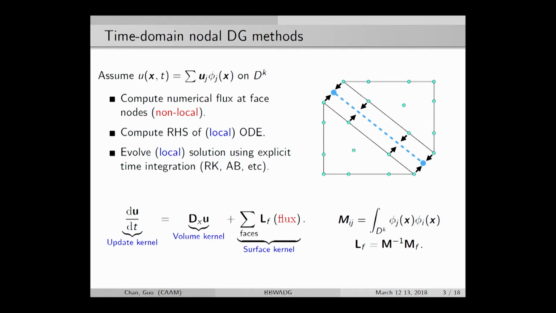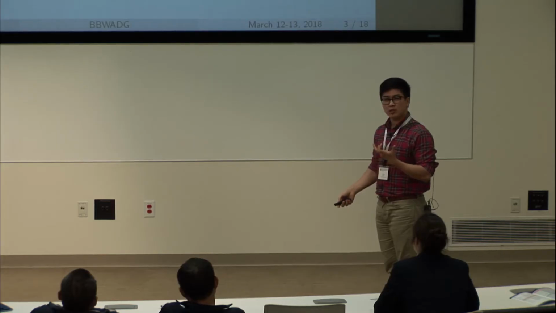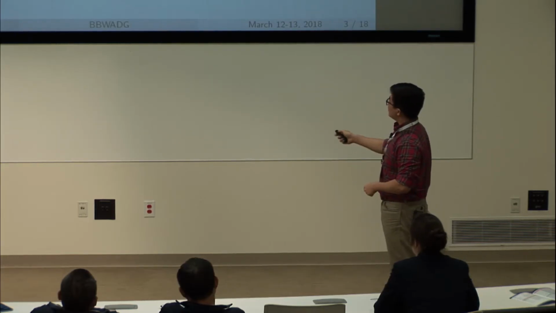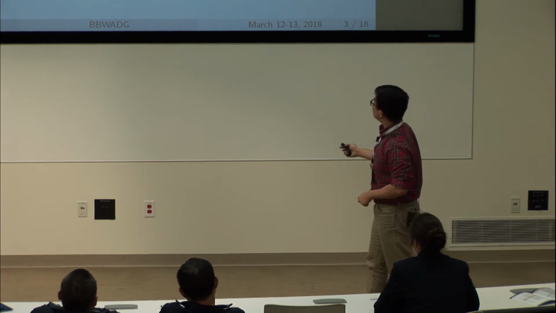So afterwards, you evolve the solution using whatever favorite explicit time stepper you like, and repeat and rinse. So the magic here is that you have this differentiation matrix, Dx, and what's called a lifting matrix. If you're familiar with finite difference summation-by-parts simultaneous approximation terms, this is essentially the DG analog to that idea.